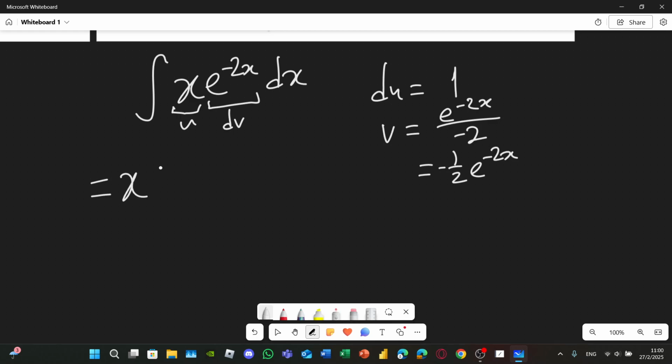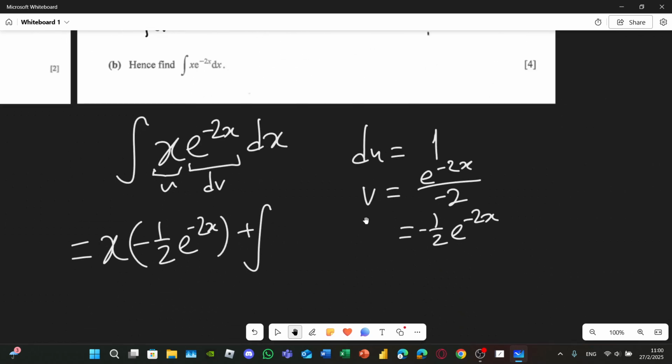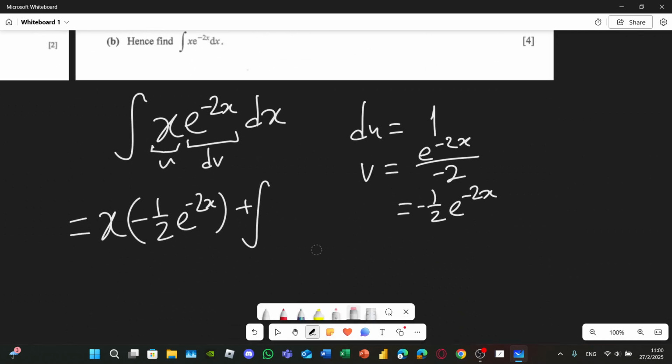It's x multiplied by negative half e to the power negative 2x, minus the integral. So I have v and then my du. It's supposed to be a minus, not a plus. Sorry about that. So it's going to be negative half e to the power negative 2x times 1 dx.